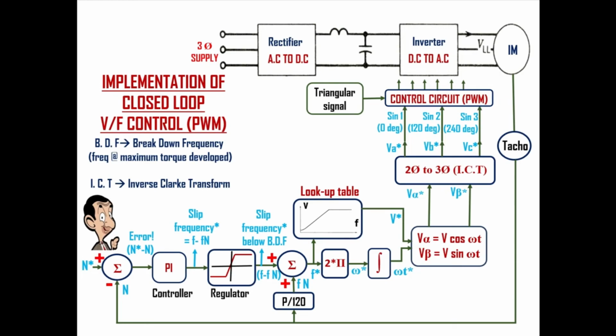Finally, the desired 3-phase V A star, V B star and V C star will be given to the PWM control circuit, where they will be combined with the triangular carrier signal and generate the gate signals for the switches in the inverter. At last, the inverter will give the desired voltage and frequency based on the desired rotor speed given.